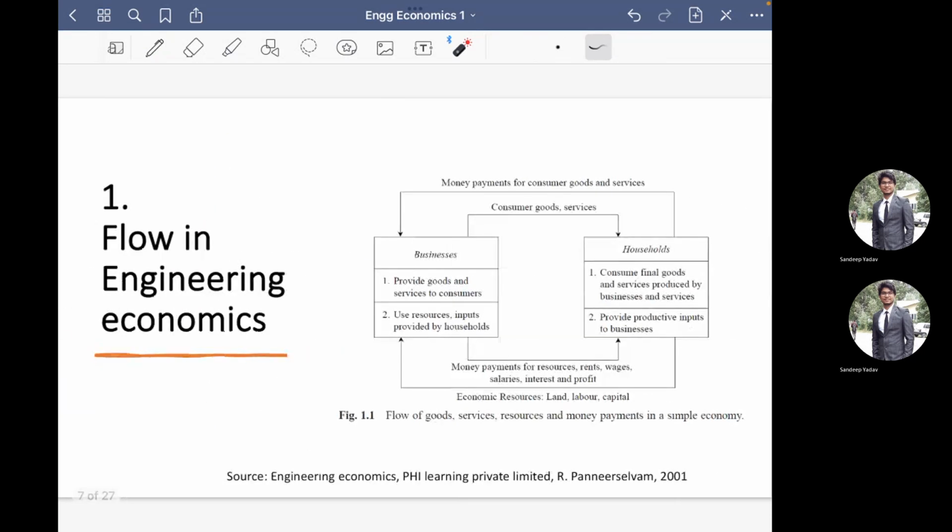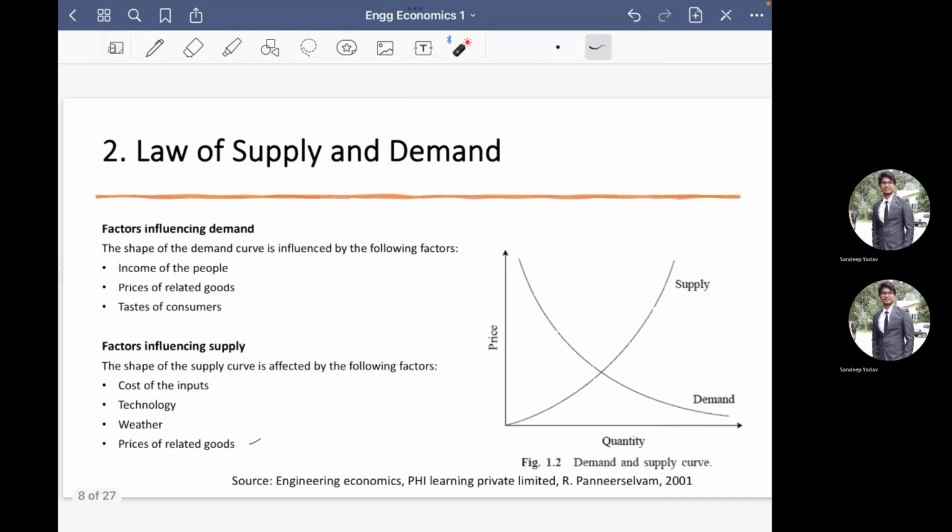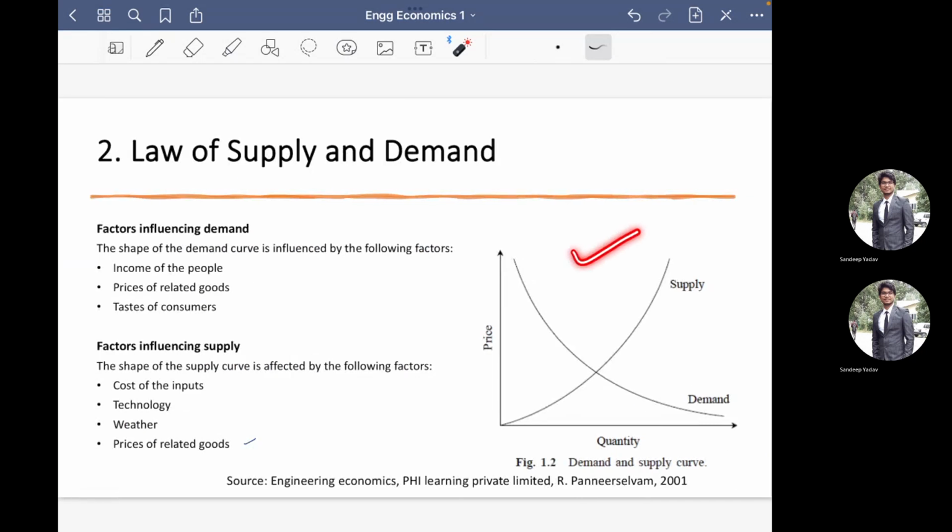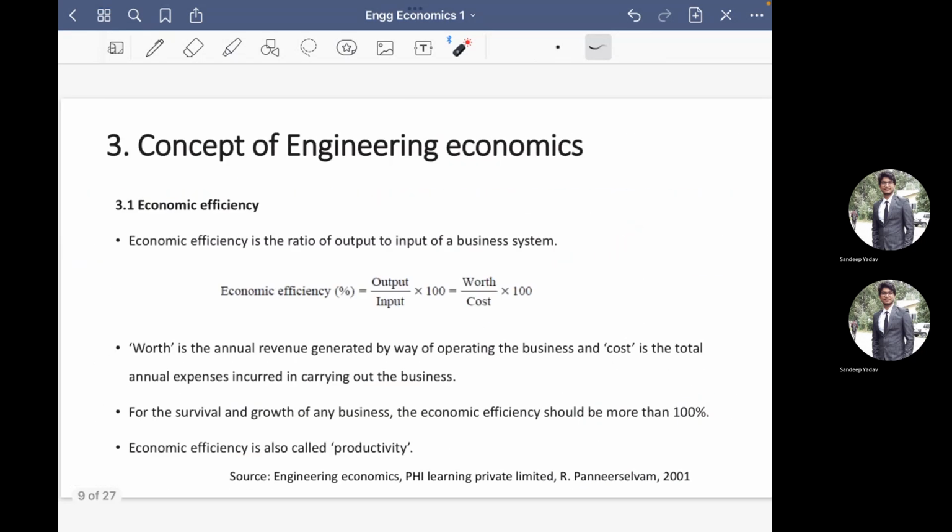Then we have understood the flow in engineering economics, that is we have two stakeholders, one is business and the other household, and this is the flow chart that I've shown. Then we have learned the law of supply and demand curve.